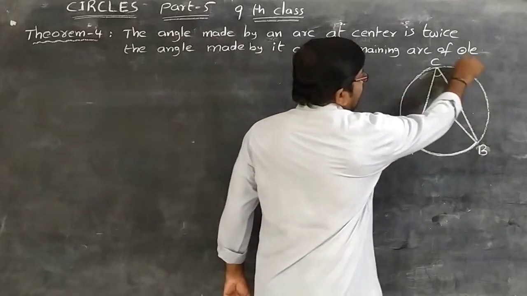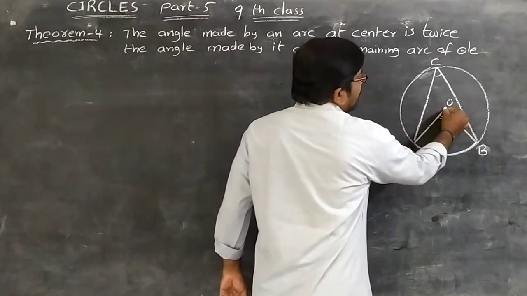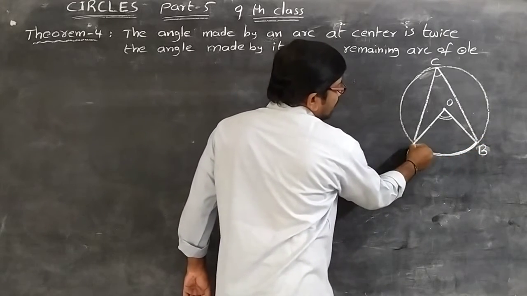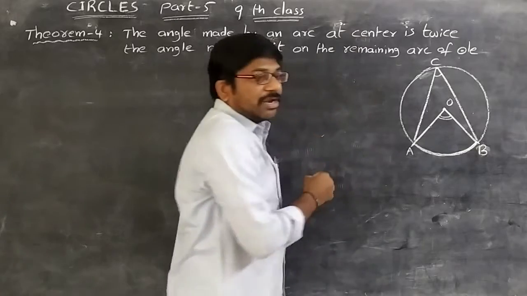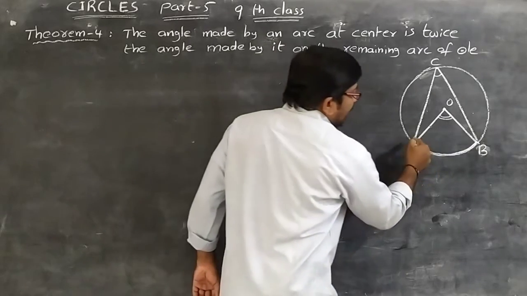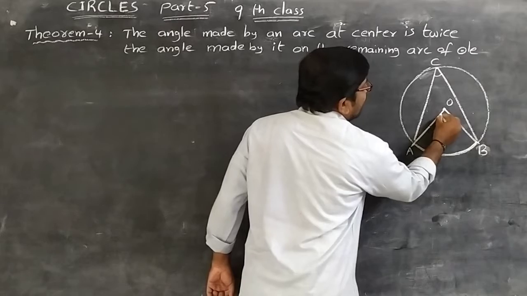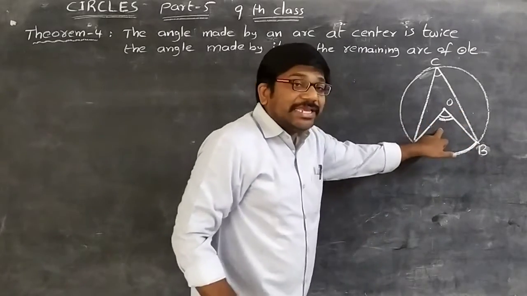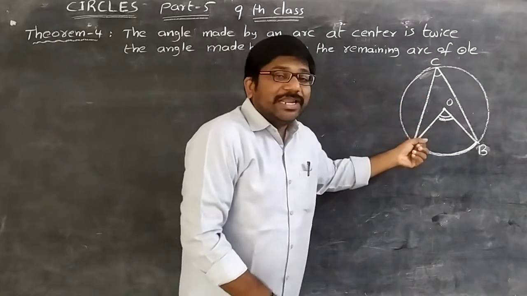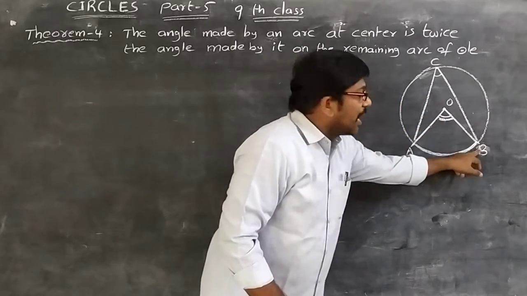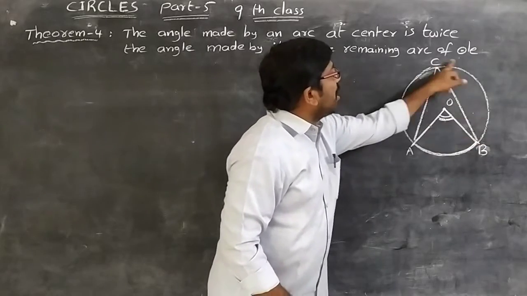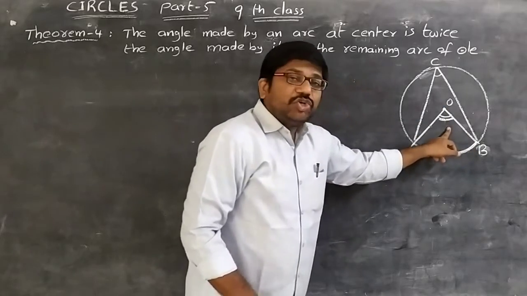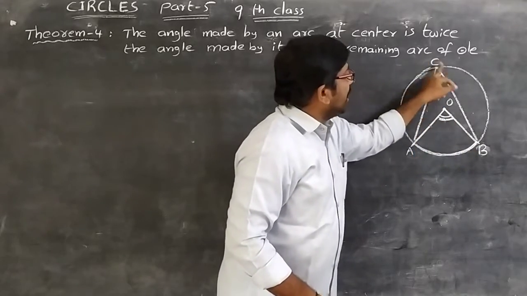It is a circle with center O. In the circle, AB is an arc. It is a minor arc. The angle subtended by this arc at the center, angle AOB, is twice the angle subtended by the arc at any point on the remaining arc, that is, angle ACB.